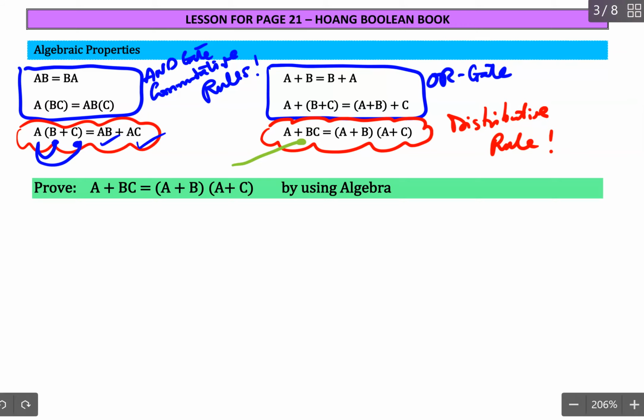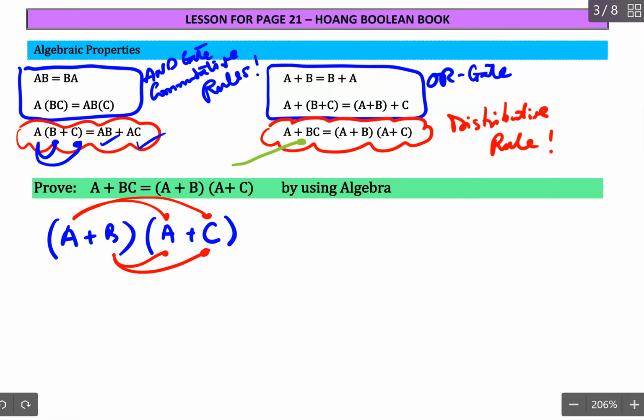When I prove this, I will write my right hand side down: A plus B multiplied by A plus C. I would like to distribute the two brackets. I will multiply the first element in my first bracket with both of the terms inside the second bracket. I repeat the same thing for B. Let's see what I have in this case.